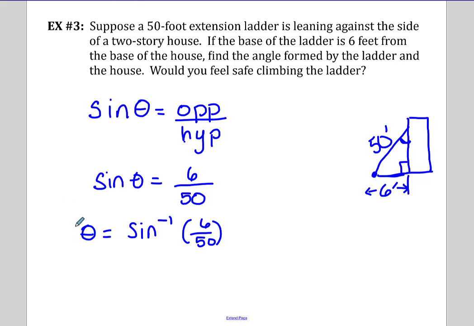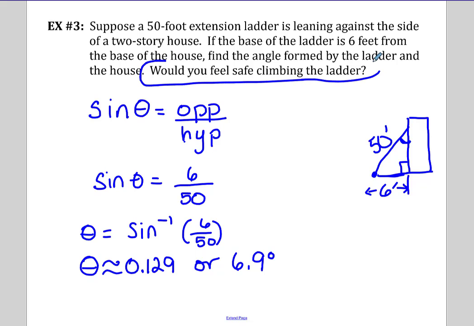So let's see, we were going to record that. This is about 0.129 radian or 6.9 degrees. And they're asking us, would you feel safe climbing the ladder if this angle up here is 6.9 degrees? That's a tiny little angle.